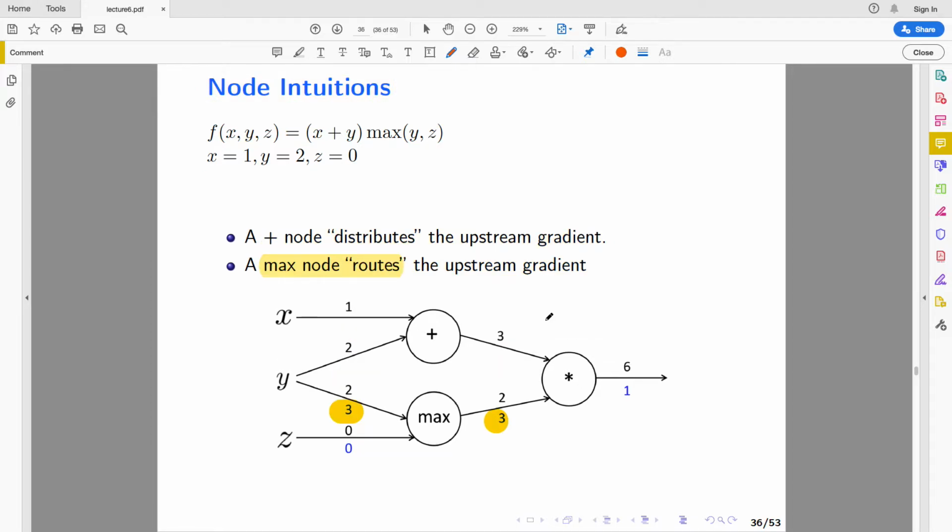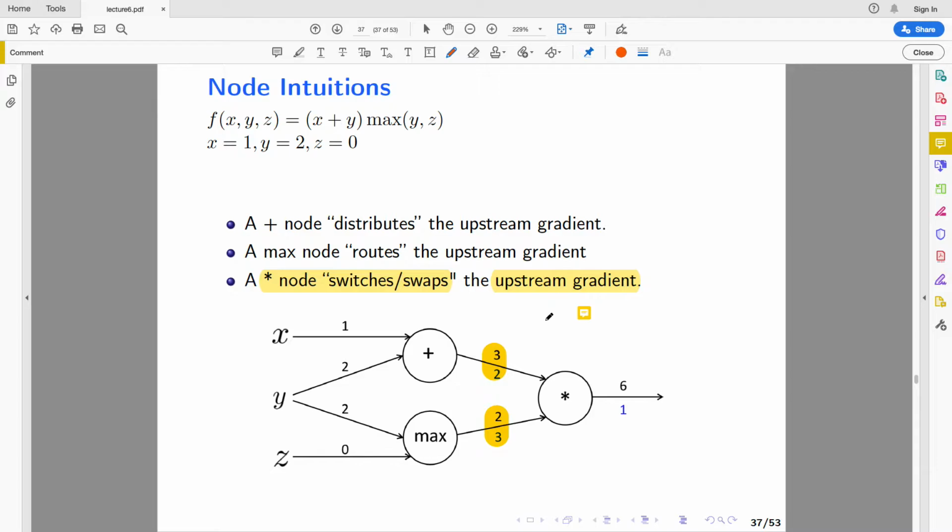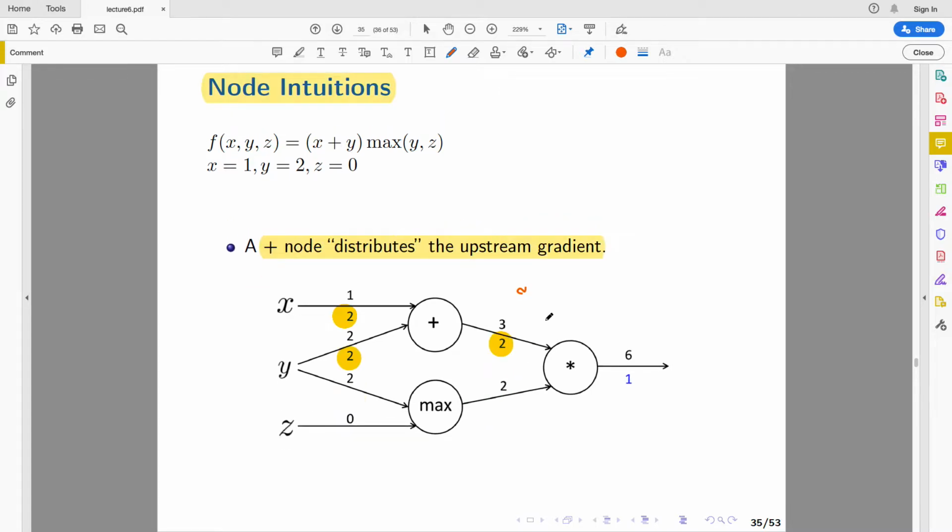For instance, by the time we did back propagation, we got 2 here, and we got 2 here, and we got 2 here.